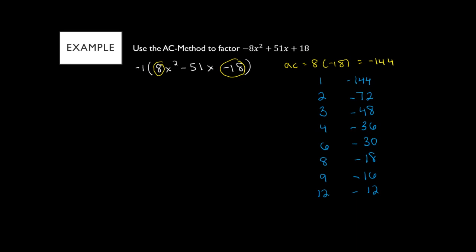So 1 minus negative 144 is negative 143. 2 minus 72 is negative 70. 3 minus 48, negative 45. And you can see we missed it. We went from negative 70 to negative 45.